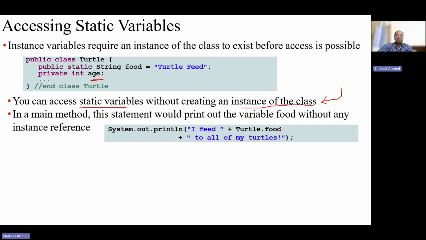So it is the class name Turtle that you are having, and then you have the member variable food, and then you can directly get it here. So this is for getting the variable. And also previously you saw that if you are having any static methods, then you can call the methods directly without creating an instance of the class.